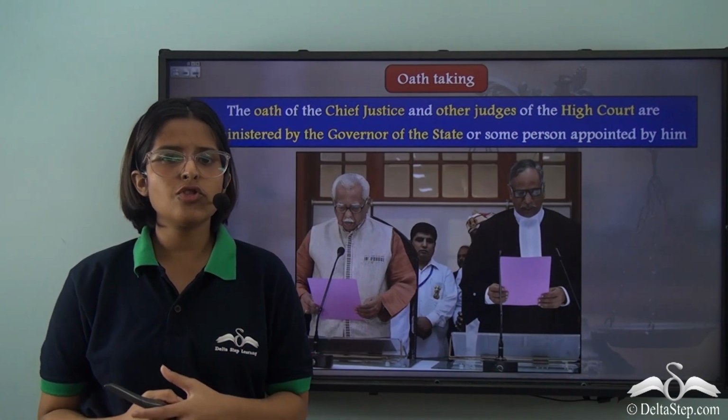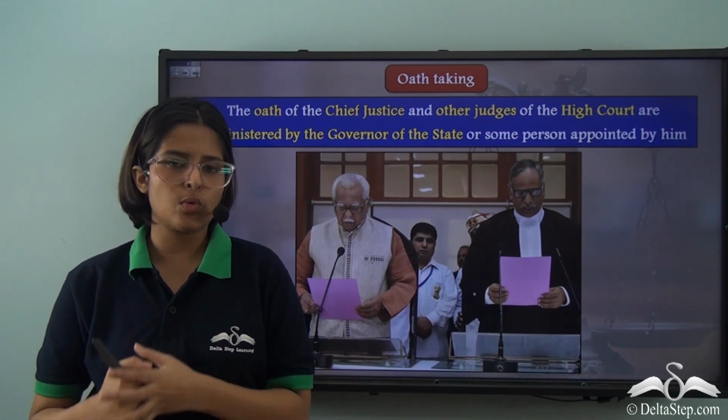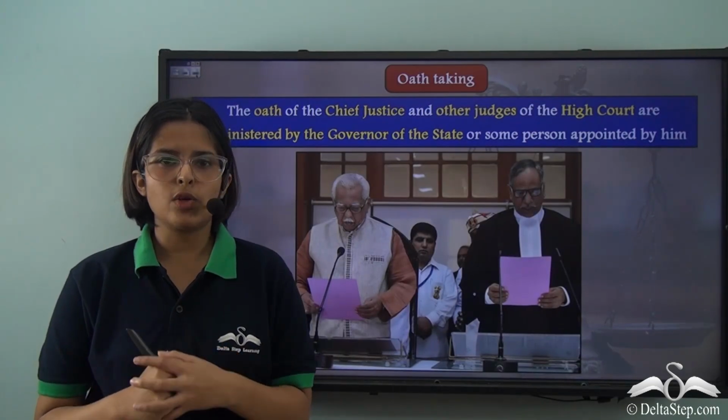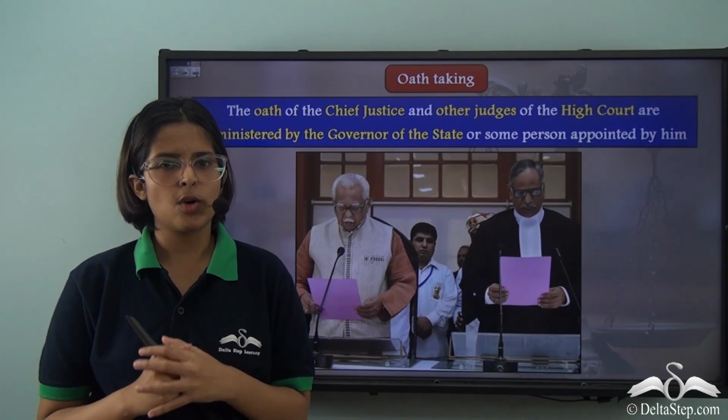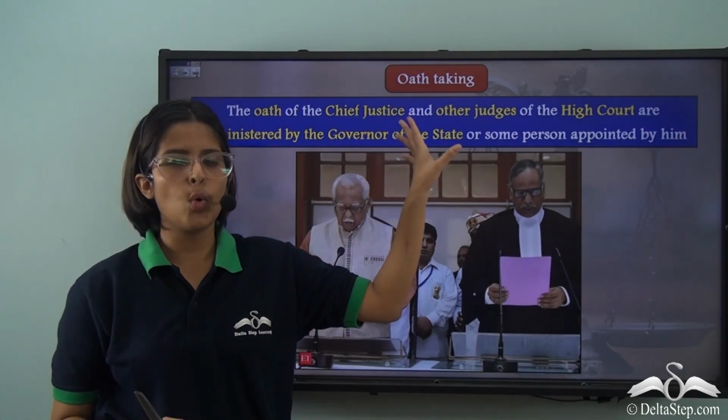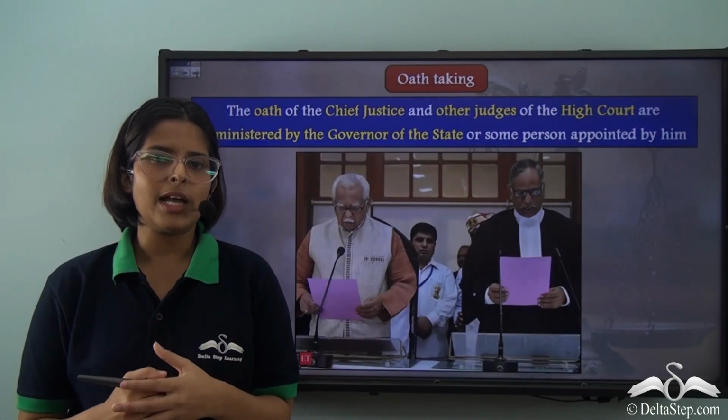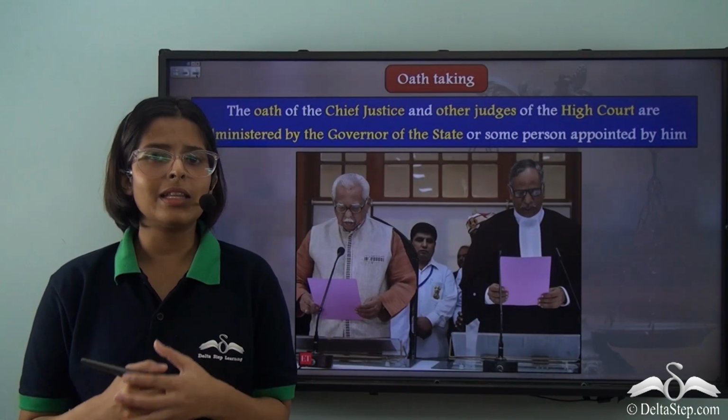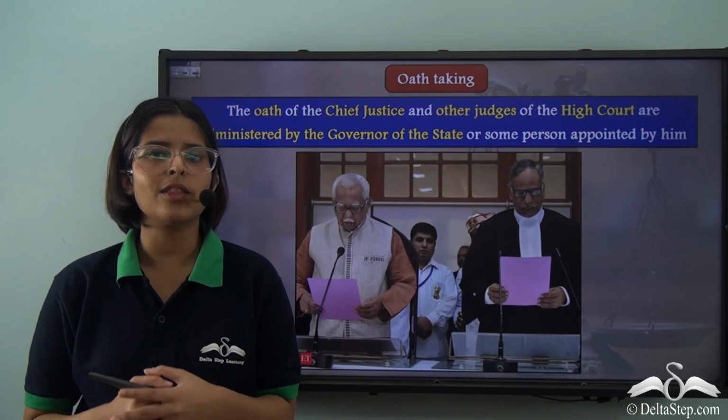Now, after a judge has qualified for all of these requirements and is appointed as a High Court judge, before entering into his office, he has to take an oath. So, the judges of the High Court take an oath to show that they are committed to their position and their office.